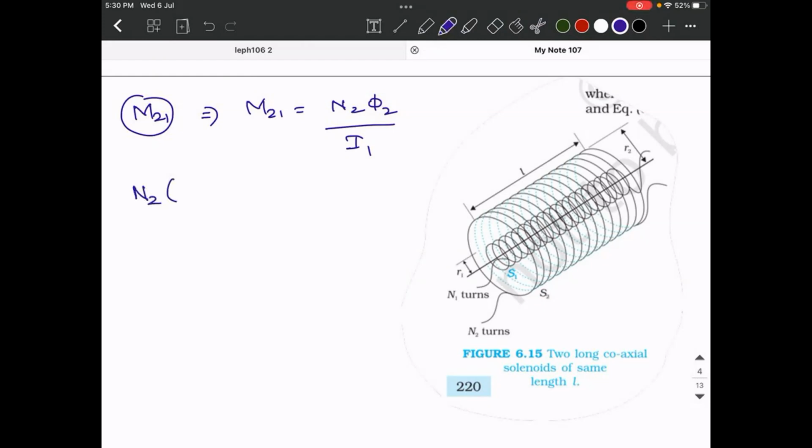What about phi2? B A cos theta divided by I1. Right? Now see, the magnetic field is generated due to the first coil, B1. Flux is associated with the second coil. Is it right? So it will be A2. Am I right?